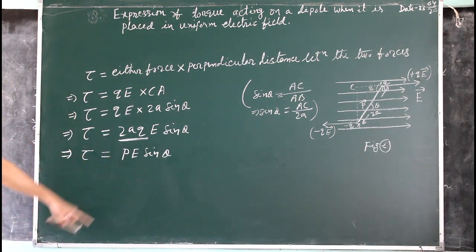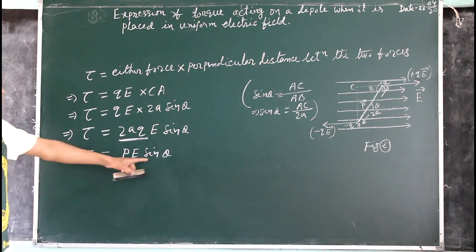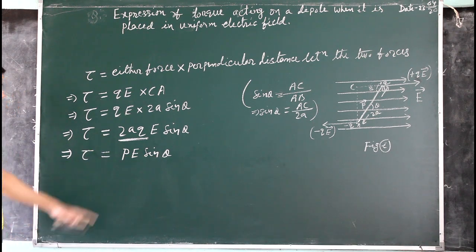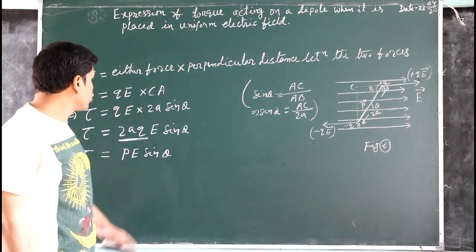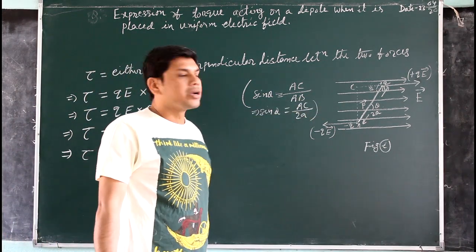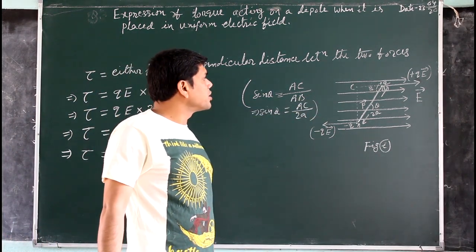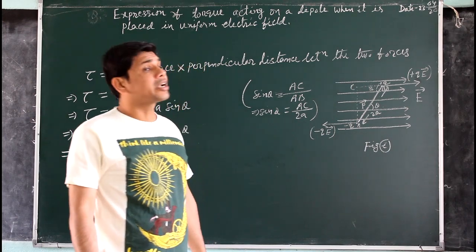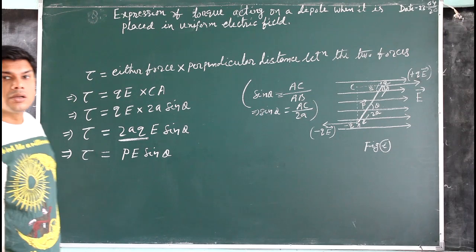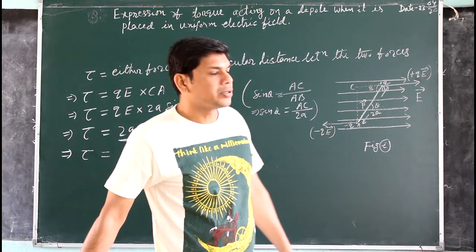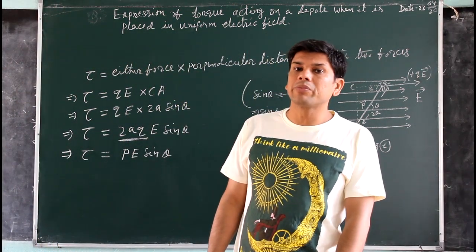P is the dipole moment, E is the electric field, and theta is the angle between the direction of the dipole moment and the direction of the electric field. This is the scalar form, or magnitude, of the torque acting on this dipole when it is placed in a uniform electric field E.